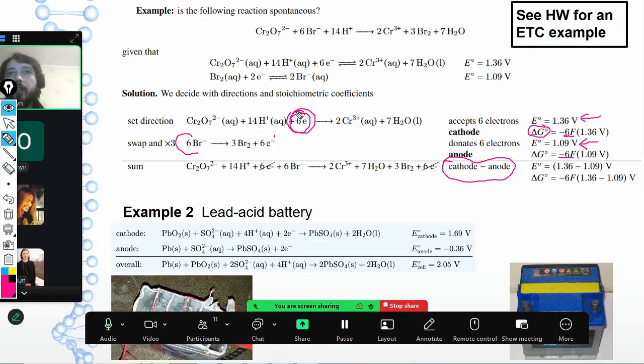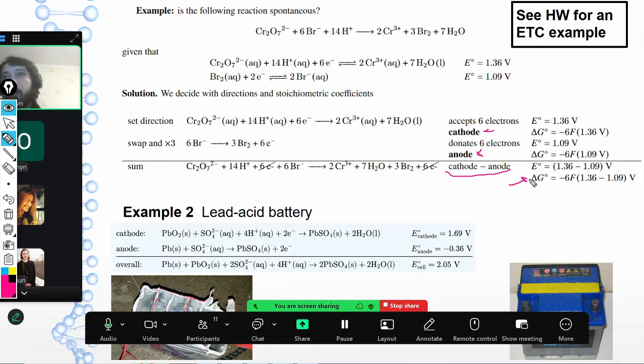So this reaction accepts 6 electrons, and this reaction donates 6 electrons. So you see the way it goes, it generates 6 electrons that should go somewhere else. And this reaction should accept 6 electrons to proceed. So this is cathode, this is anode. And now if I take cathode minus anode, I will get my final result.